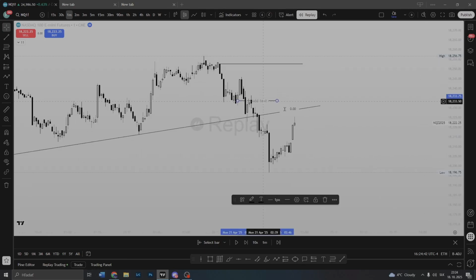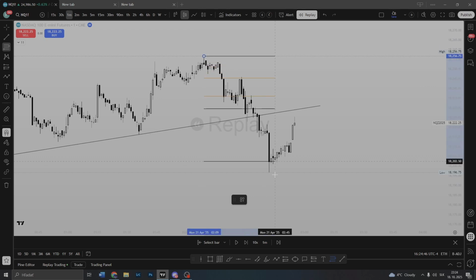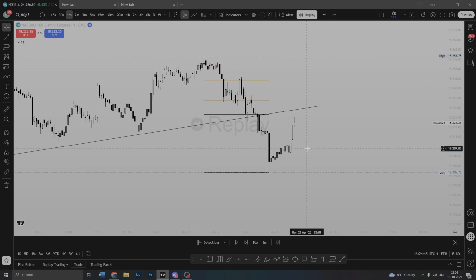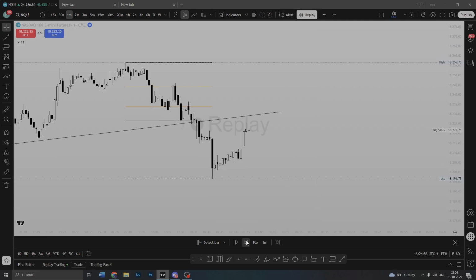So we can put our flip tool from the high to the low. And now we are basically tapping the 50% of the range. Not now, not now.